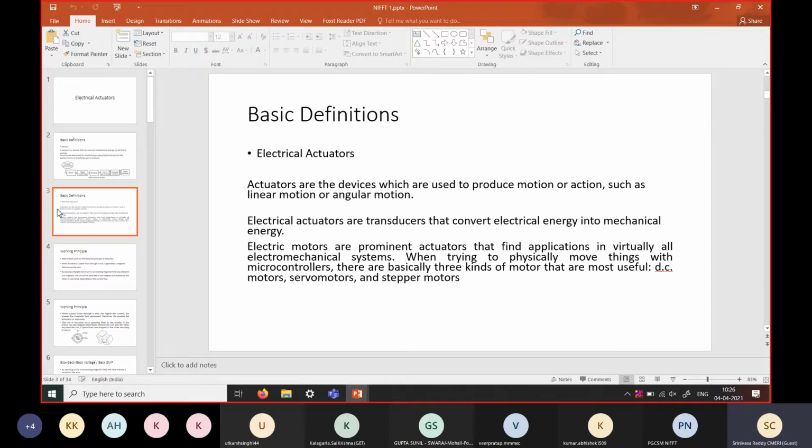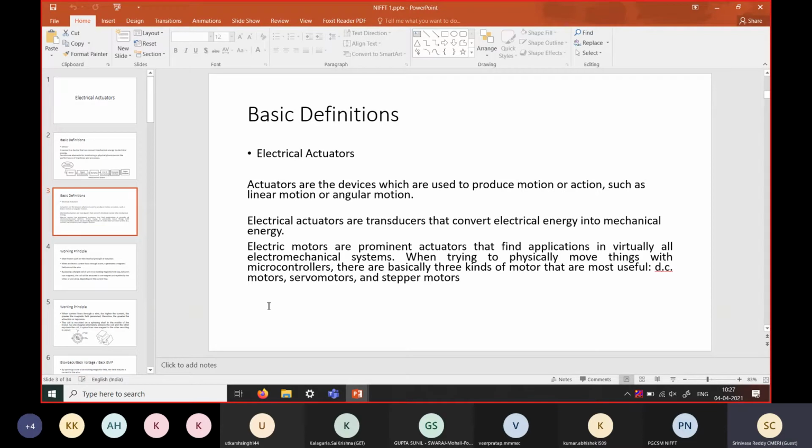Actuators are also transducers which are used to produce motion or action, such as linear motion or angular motion. Sensors are sensing and giving the readings in terms of electrical quantities which can be read. But actuators are for inducing some motion in any mechanism, or in any machine, or any robotic applications.